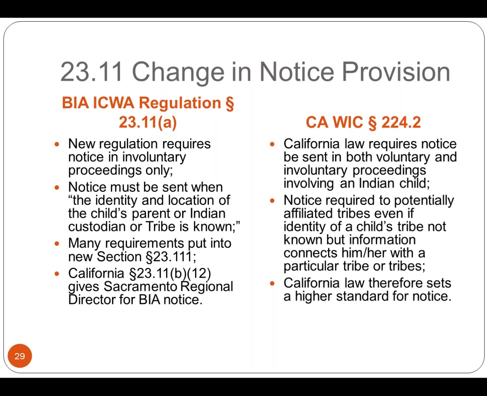California law tells us that notice is required to potentially affiliated tribes even if the identity of the child's tribe is not known, but information connects him or her with a particular tribe or tribes. So in this case, California law sets a higher standard for notice. And I'll repeat, I always argue that you go with the higher standard.